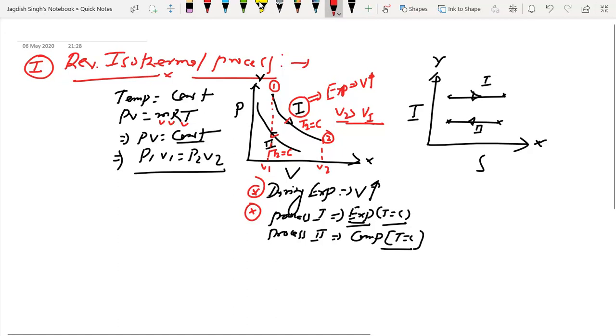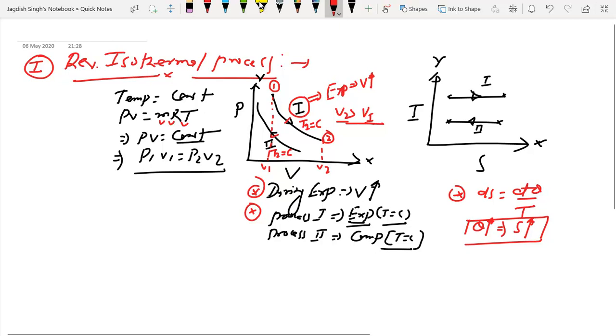We have a simple fundamental: we know that dS is equal to dQ by T. Whenever heat is added, entropy will increase. We have already seen that.